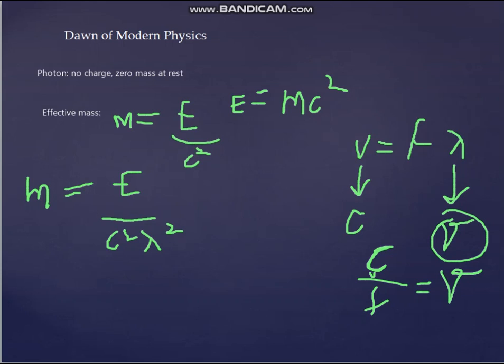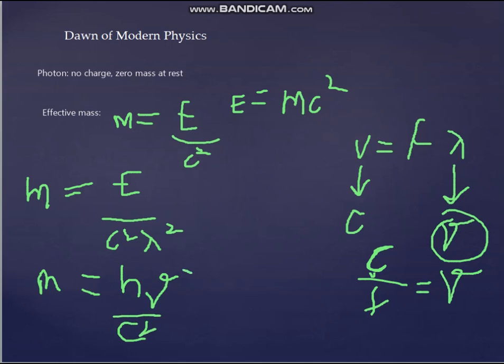That will be the equation in terms of wavelength and velocity. There's also another formula where we have m equals h mu upon c squared. It's not important where this came from, but its application is important.